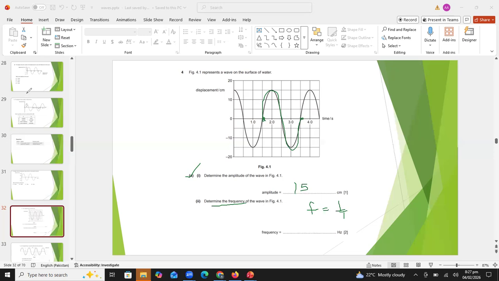So if this one is 1.5 because it is lying between 1 and 2, 1.5 seconds, and this one is 3.5 seconds, the time period will be 3.5 minus 1.5. What will we get, students?